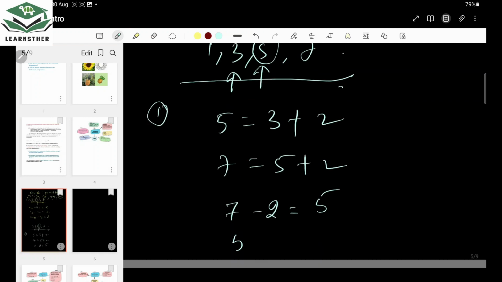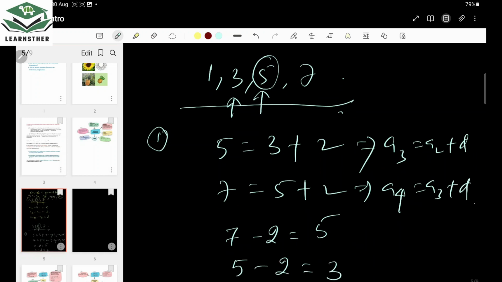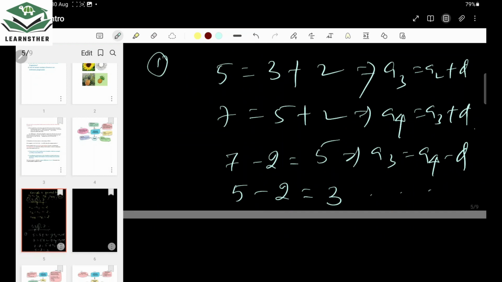Okay. 5 minus 2, 3. Okay. This is your a3 is equal to a2 plus d. Okay. a4 is equal to a3 plus d. Okay. a3 is equal to a4 minus d. Okay.